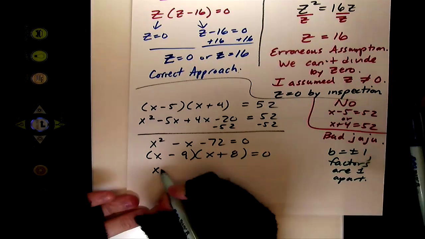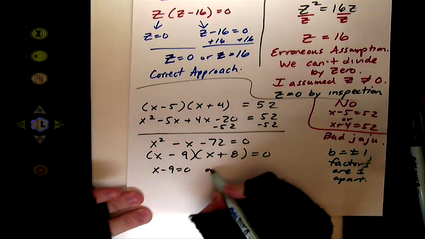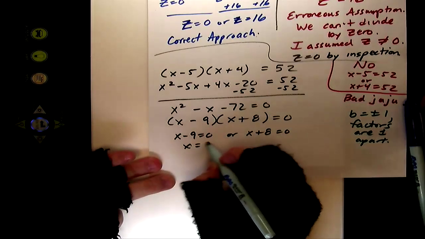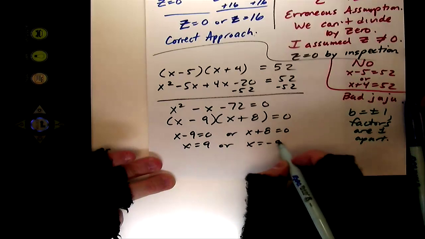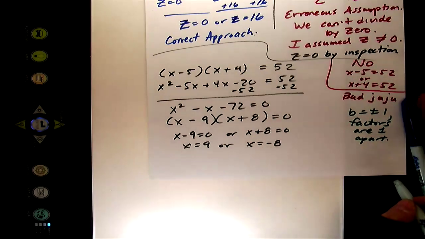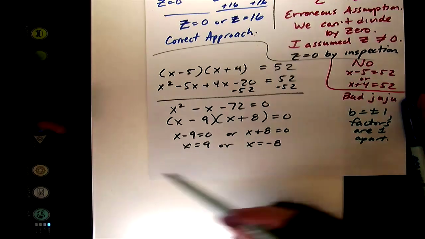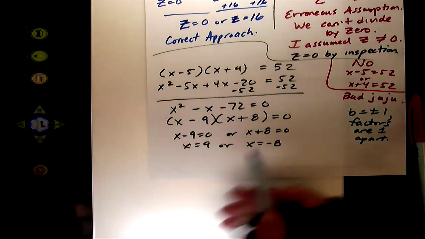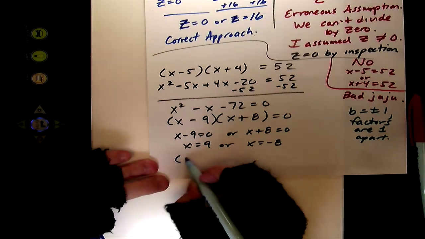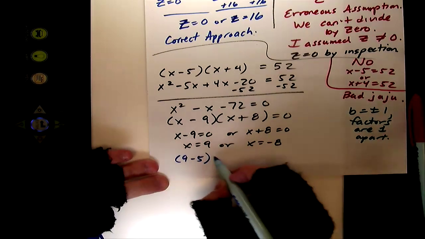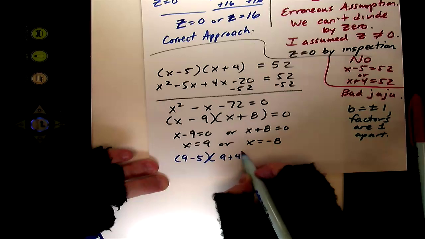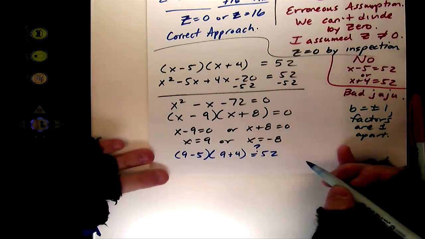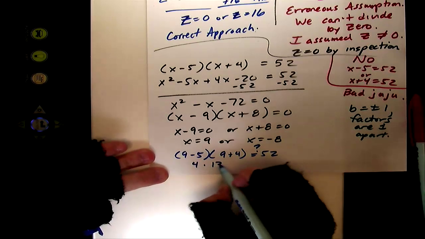And so we set each of these equal to 0. I get x equals 9 or x equals -8. And I'll just check one of them up top. You can check them both. 9 minus 5 times 9 plus 4. Does that equal 52? 4 times 13 does equal 52.